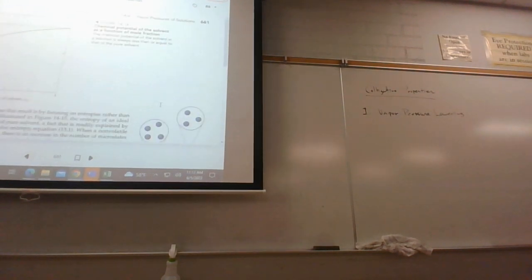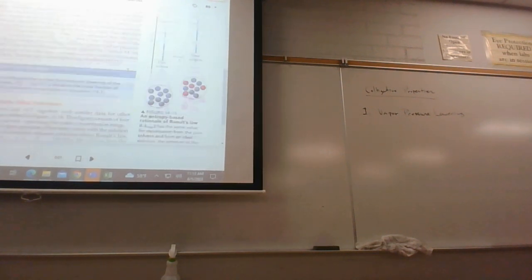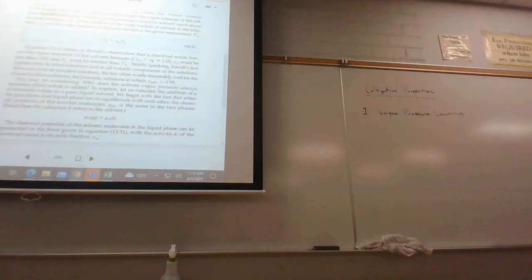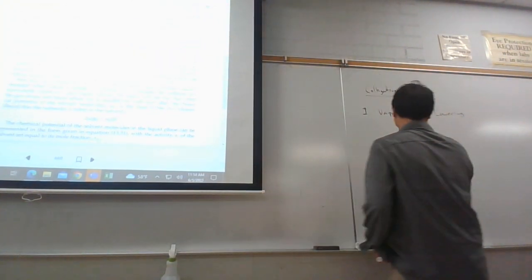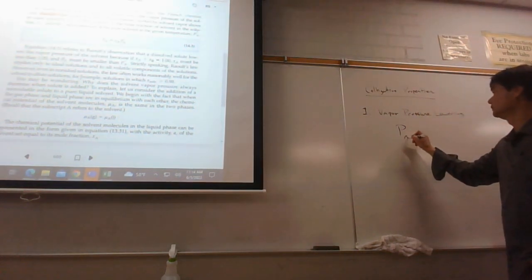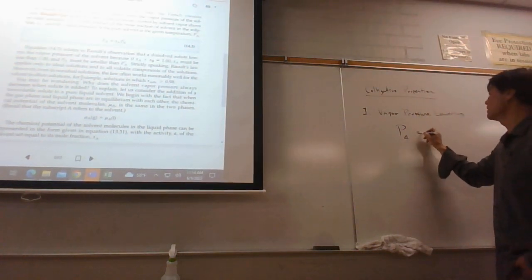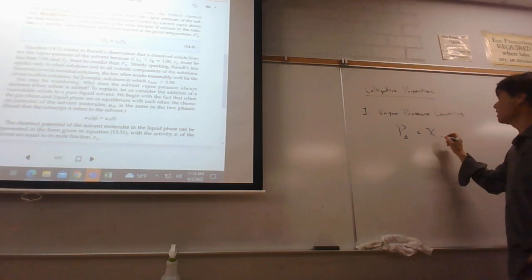That is going to be a function of the mole fraction and Raoult's law. So let me go back here. Let's look at the vapor pressure of water, A. We'll call A water. It depends on how many moles of solute we have.